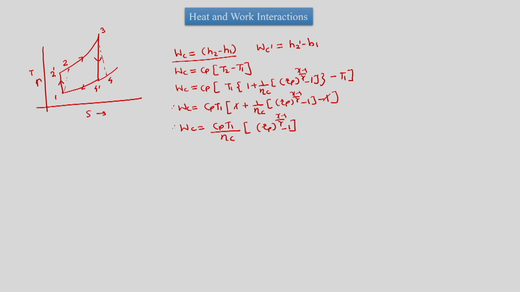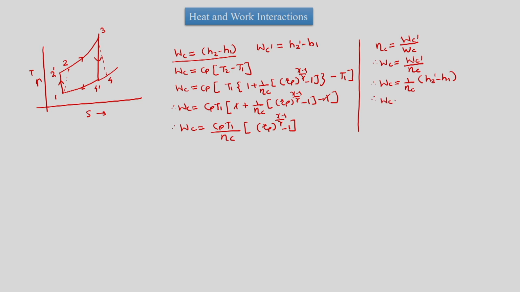This is how we can find out the compressor work. We could also have found compressor work by considering compressor efficiency equal to Wc dash upon Wc. So Wc is the real compressor work, which becomes Wc dash divided by compressor efficiency. So real compressor work is 1 upon compressor efficiency into Wc dash, and Wc dash is H2 dash minus H1.